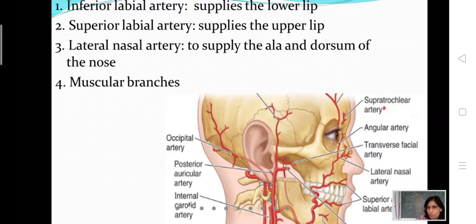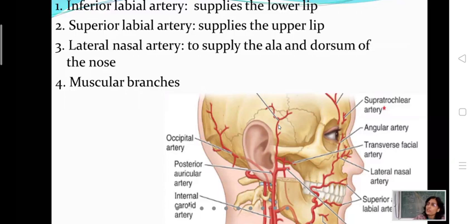It runs forward between the zygomatic arch and the parotid duct, and the buccal branch of facial nerve, that is the motor nerve, also runs with this transverse facial artery.